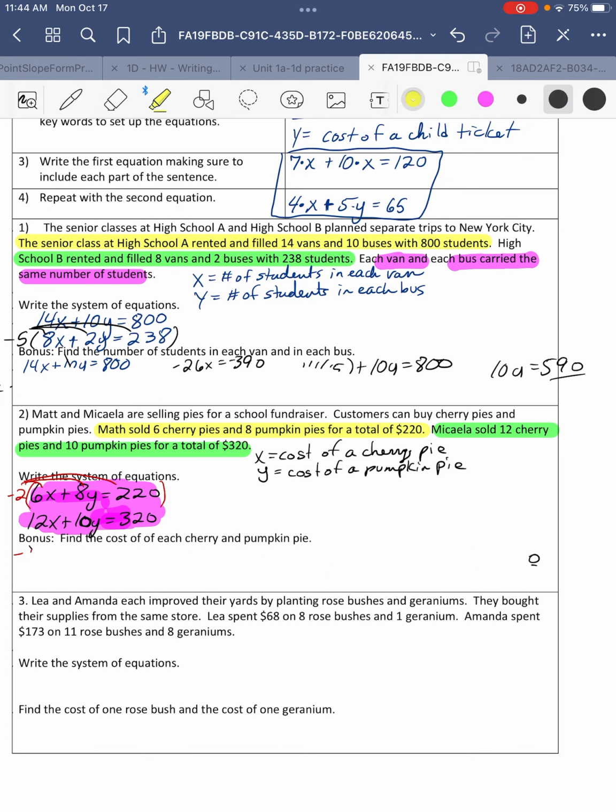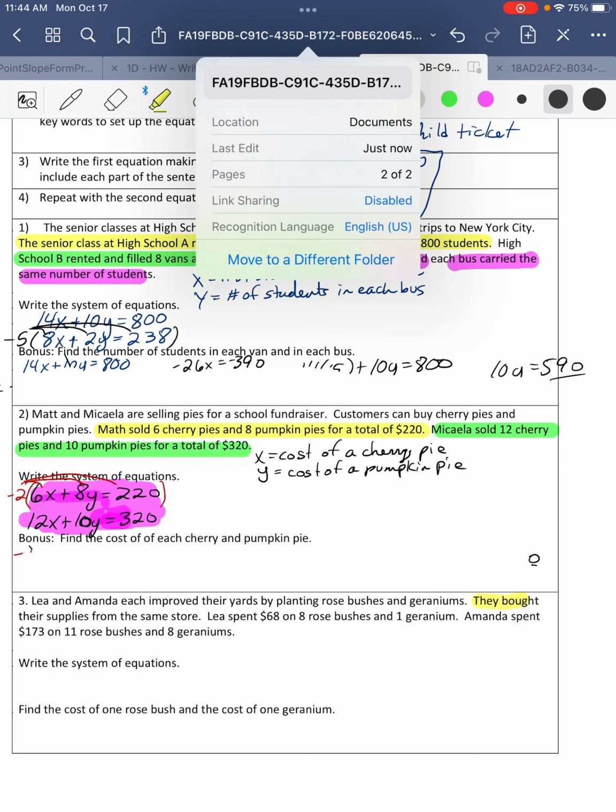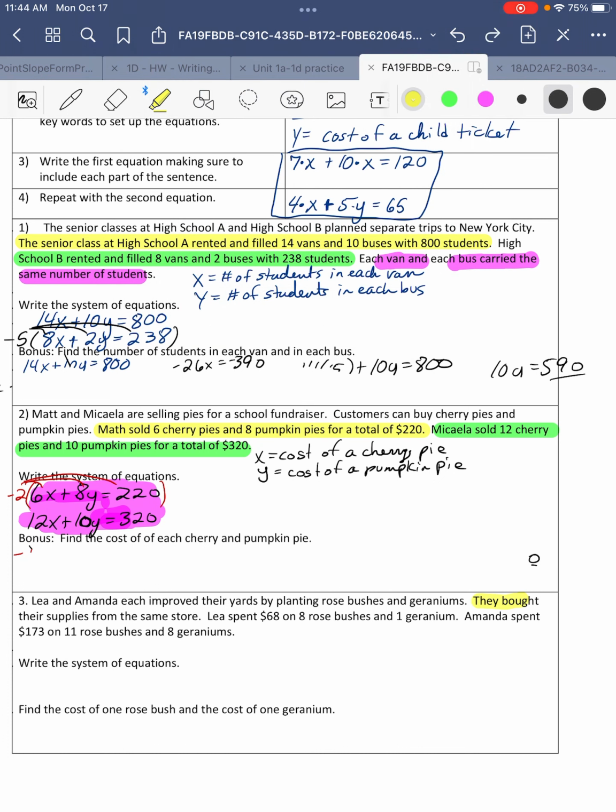Step 1: define where the two equations are going to come from. They're going to come from Leah and Amanda. So my x is going to be the cost of a rose bush.